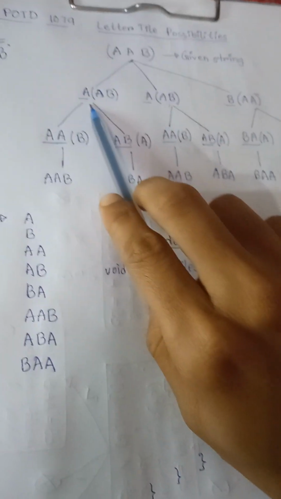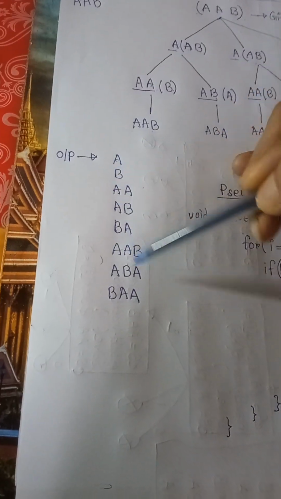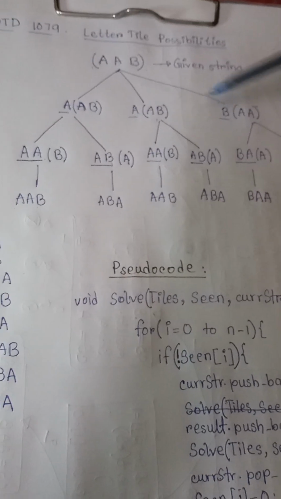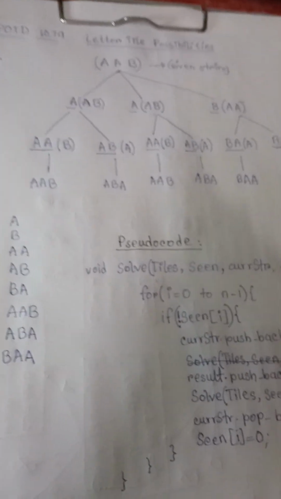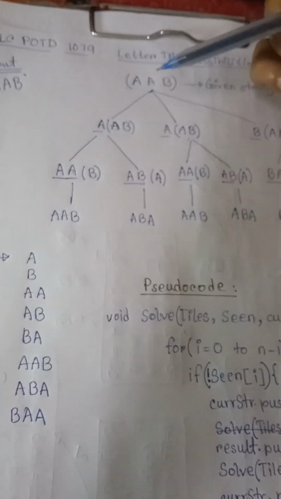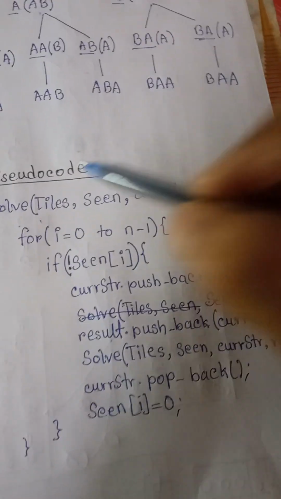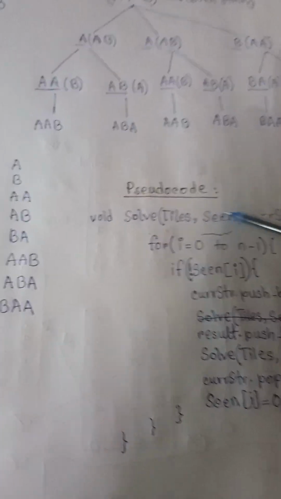You can see that AA, these are similar, but in the output there are no duplicates, so you have to remove these duplicates. In order to remove these duplicates, we will use a map which will simply track whether my current index is seen or not. Here you can see I have used this seen map, so I will explain it later.